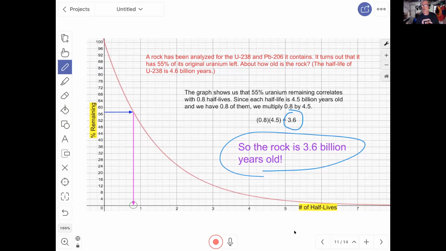If there's a certain amount of lead, then that must have come from the uranium that the rock started with, right? So if it has 55% uranium, it must have had 45% lead, okay? So how much lead is in there compared to how much uranium tells us the answer.